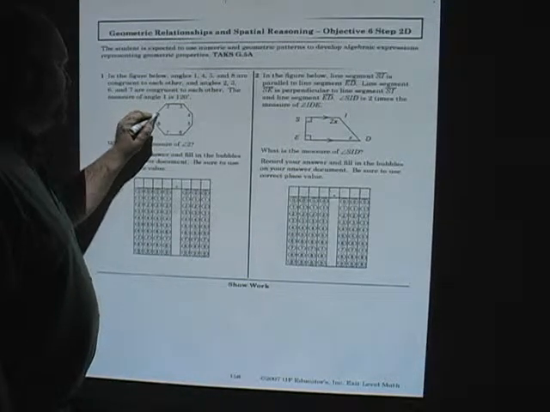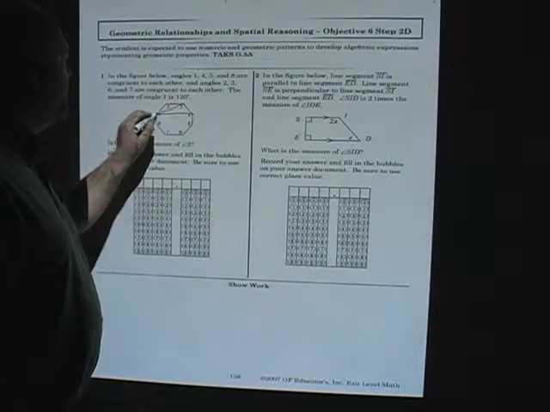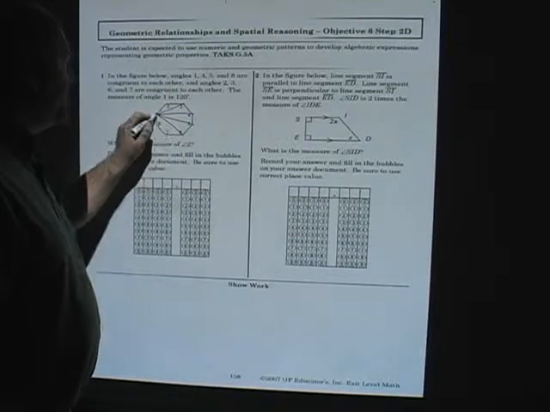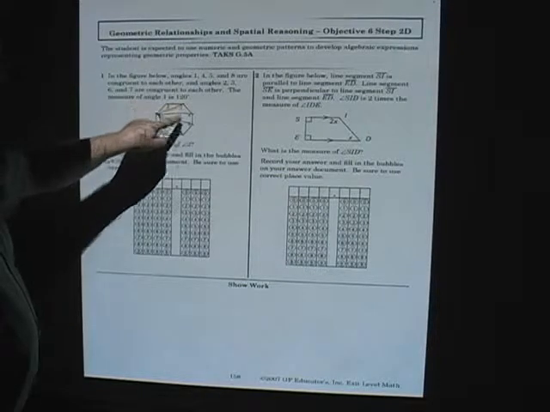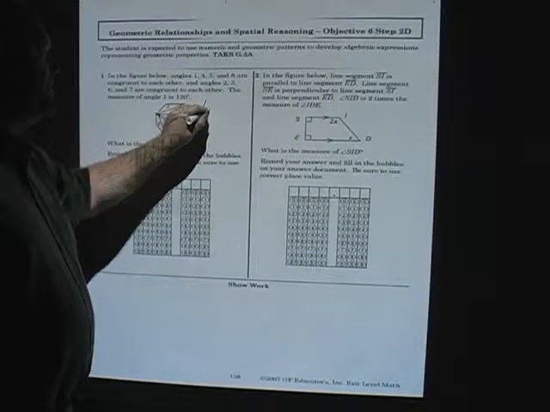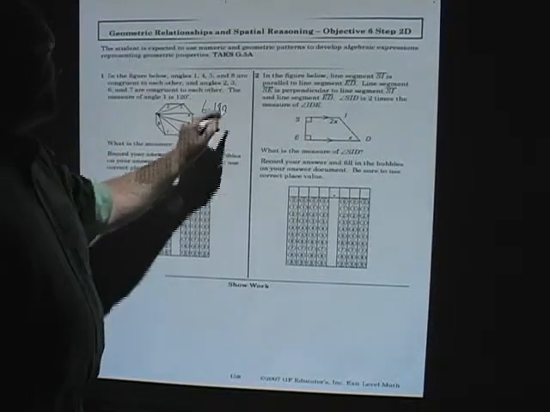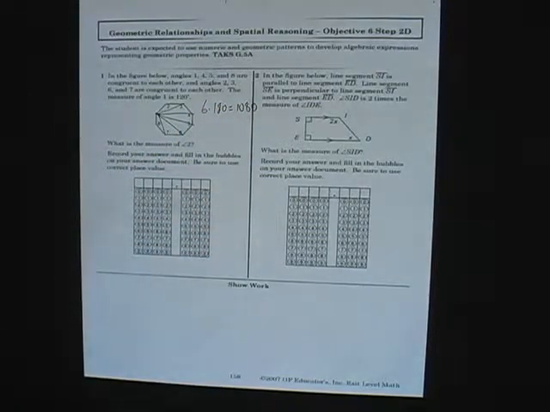I'm going to start here at angle 1 and go to every vertex. So I've got 1, 2, 3, 4, 5, 6 triangles. So you do 6 times 180, 180 for each triangle, remember? And that gives me 1,080 degrees total in this figure.